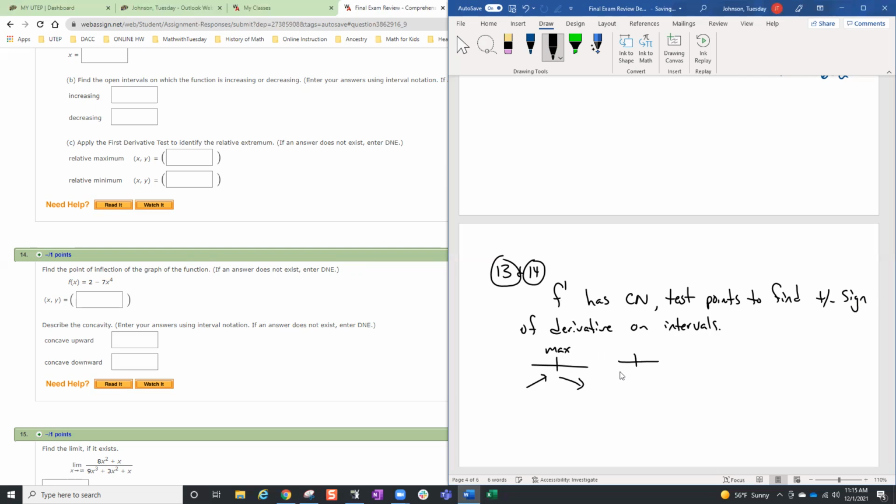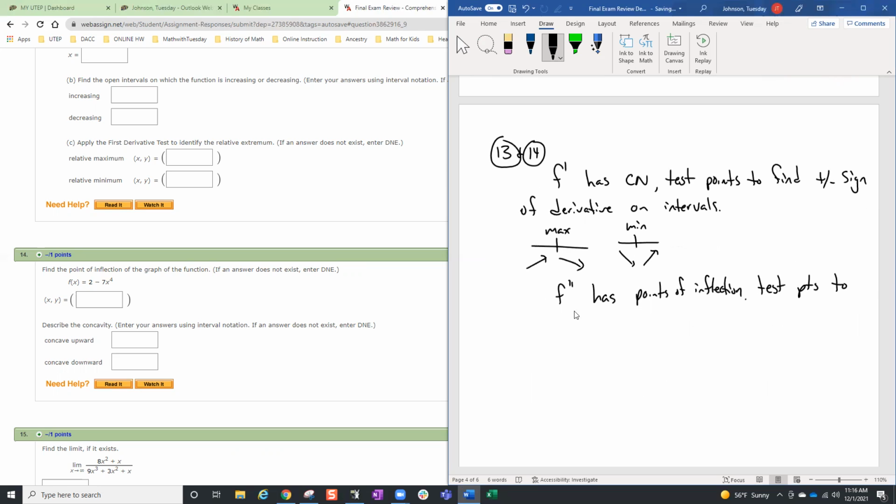If we have an interval where we go from decreasing to increasing, not an interval, two different intervals, critical number where this happens, we'll have a minimum. This is our first derivative test. Changing signs, really what we're looking for. The second derivative has points of inflection. And we'll use test points to find the plus or minus sign of the second derivative.